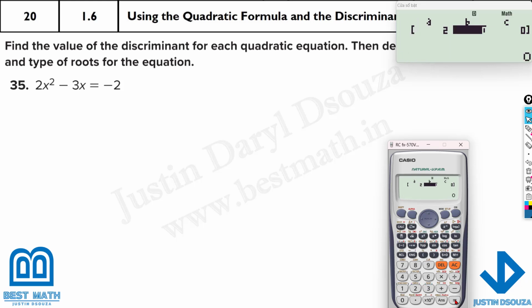The last problem here, again we can check it out by mode 5 3. It is 2, minus 3, and... okay, now here they're not in the same equation. It is ax squared plus bx plus c equals 0. We have 2x squared minus 3x, and this needs to come to the other side, so plus 2 equals 0. This is a very important thing to remember. Write it in the standard form.